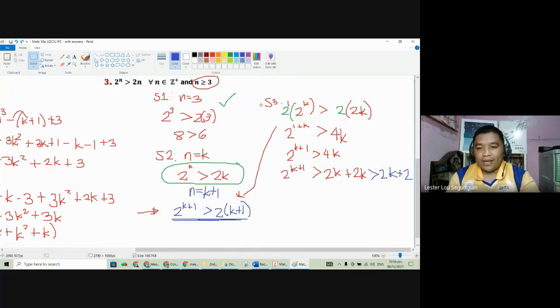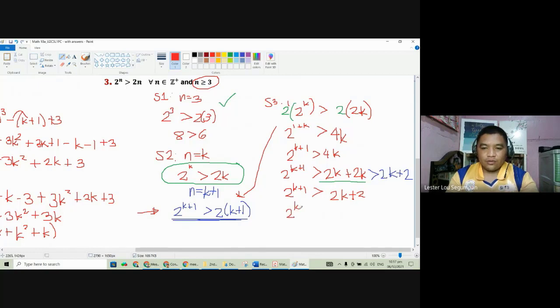Now, going back to the situation where I listed this earlier, we have this expression. With this situation, we could use the transitive property, by removing the middleman. When we remove that, the expression we have now is 2 to the power of k plus 1 greater than the expression 2k plus 2, which could actually be factored with 2.